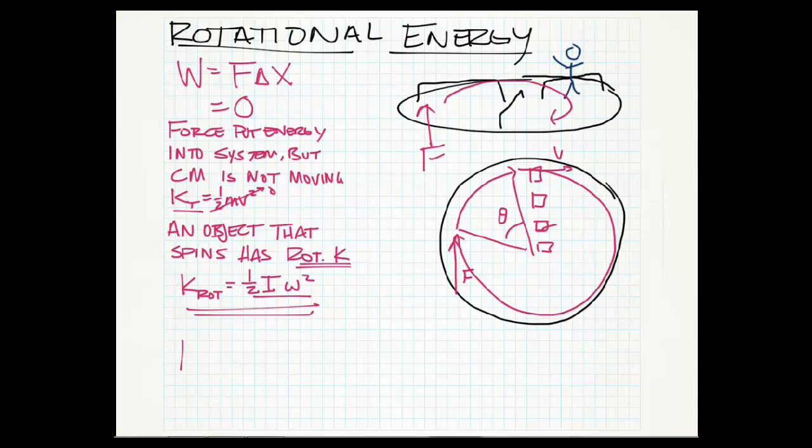So when we're looking at our total energy equation for any system, it's going to be gravitational potential, spring potential, translational kinetic energy, and rotational kinetic energy. These are now all of the possibilities that we have. We're going to have translational kinetic energy anytime the center of mass of an object moves.